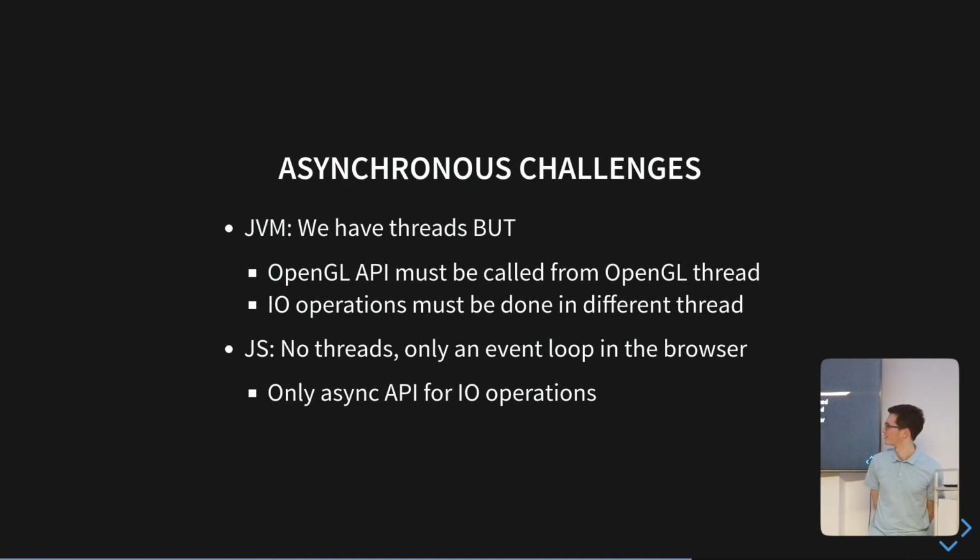For example, on the JVM, we have threads, we can basically do whatever we want, but we have constraints, like the OpenGL API calls must be done from a specific thread, and also on Android, I/O operations cannot be done on the main thread, we have to do them on another thread. And on JavaScript, we don't have threads, we only have an event loop, and we only have async API for every I/O operation.